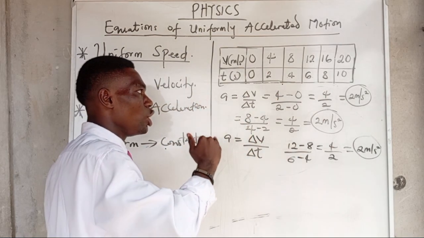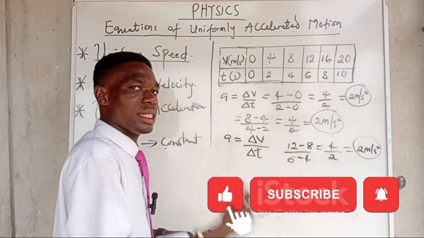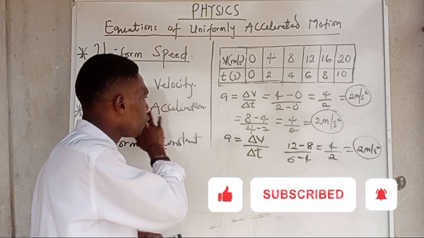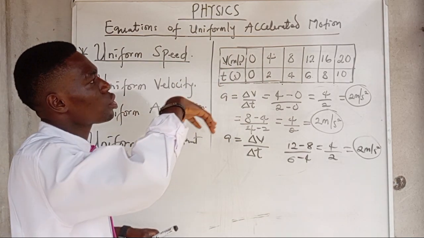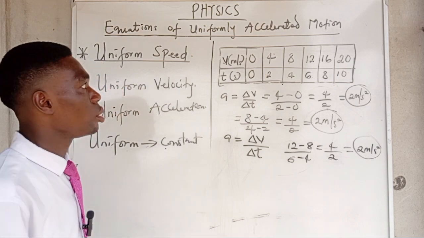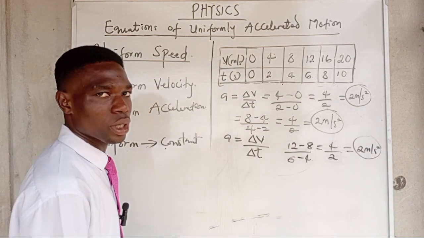When a body is moving with equal velocities in equal time intervals, then that body is said to be undergoing uniform acceleration. And I want to look at the equations for calculating parameters of the motion where a body is undergoing uniform acceleration. Are we together?